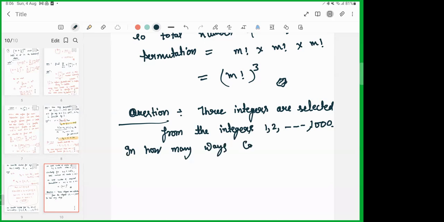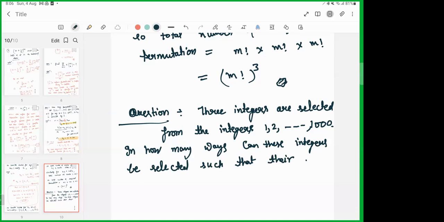In how many ways can these integers be selected such that their sum is divisible by 3? So yeah, this is the question.